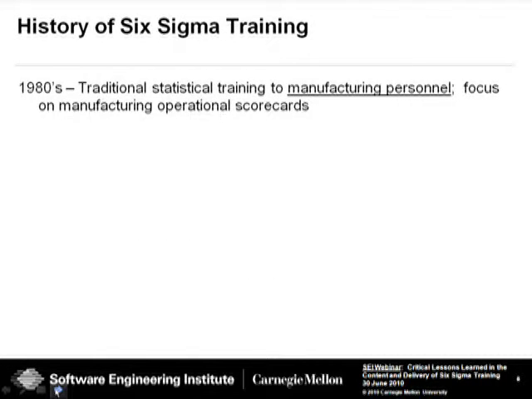If we talk a little bit about the history of Six Sigma training to set the perspective, and this is a very simple narration of the history as I've seen it from several corporations and then at the SEI. I would say that in the 1980s, Six Sigma training was traditionally focused on statistical topics, primarily oriented to manufacturing personnel, and had an overly focused emphasis on manufacturing scorecards.